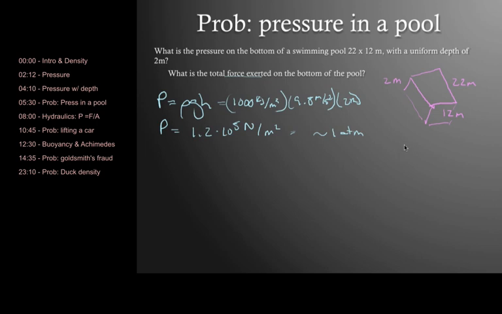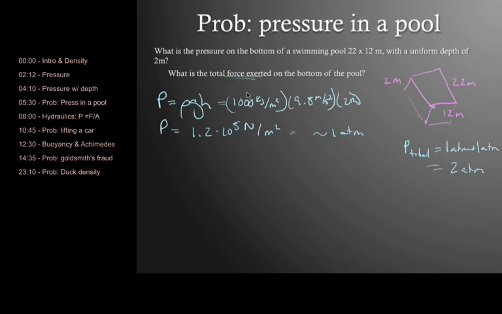So then the total pressure on us, we add on the atmospheric pressure, is going to be 1 atm plus 1 atm, which is about 2 atmospheres. So going just 2 meters down in your pool, you end up putting twice the pressure on your body. This is why it's really hard on your lungs the farther down that you dive.